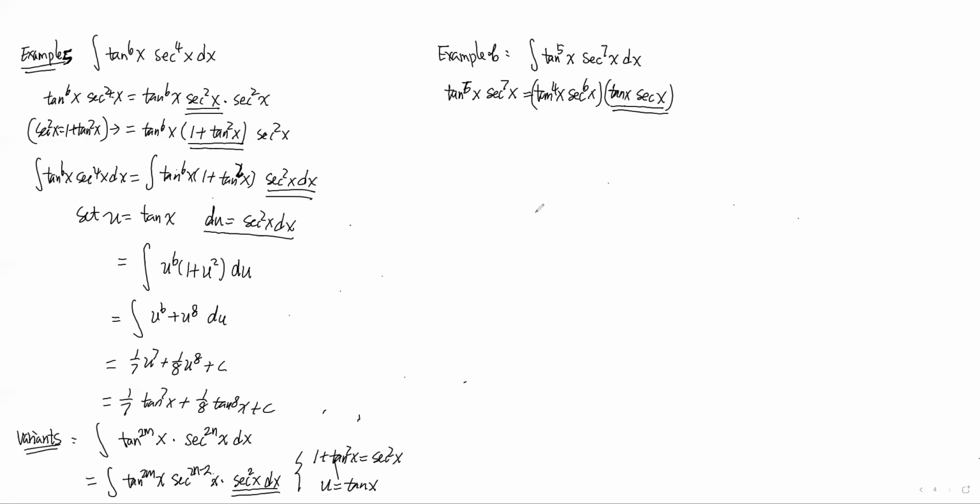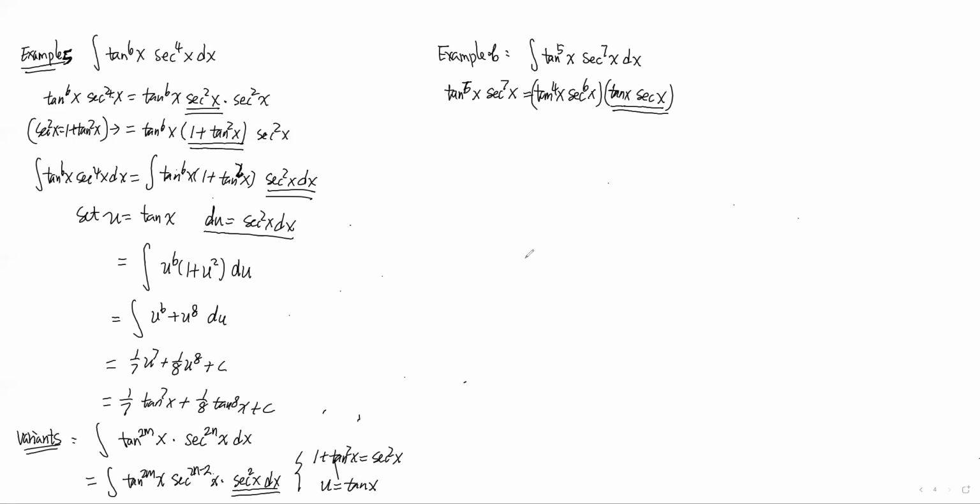By this, we know tangent x squared is secant x squared minus 1, right? So we get (u squared minus 1) squared, u power 6, and du.